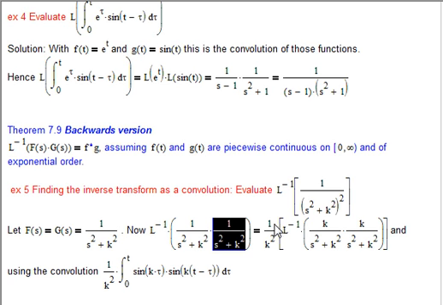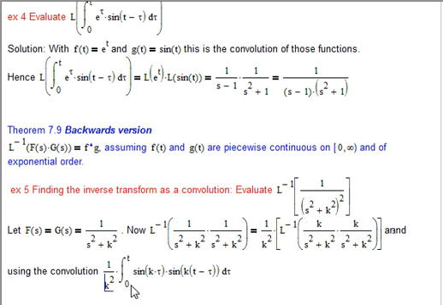And if we factor out a 1 over k squared and put a k in each numerator, so we can get sine of kt for this one and sine of kt for this one, then we have the convolution: 1 over k squared times the integral, tau going from 0 to t, of sine of k tau times sine of k times t minus tau d tau.